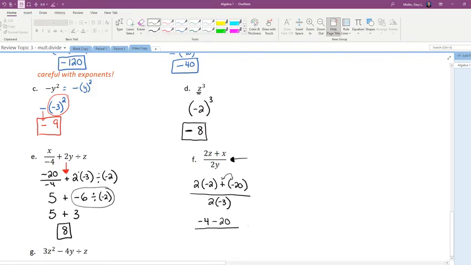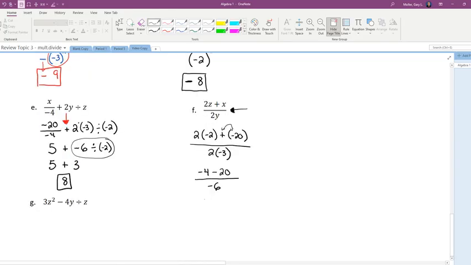And then I might as well go ahead and do 2 times negative 3 while I'm at it and get negative 6. And then I combine those together and I get negative 24 divided by negative 6. And negative divided by negative is a positive. And 24 divided by 6 is 4. All right, that should be correct.